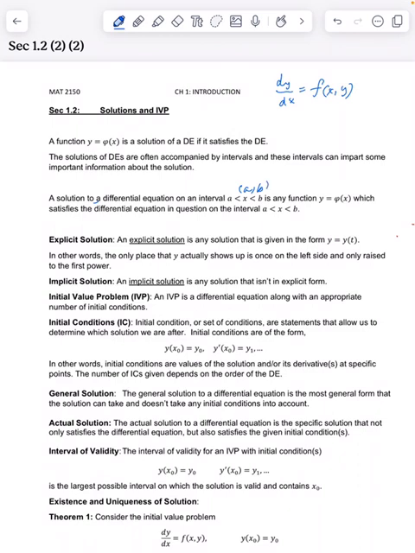Notice here the a and b are not included. It is any function y is equal to phi of x which satisfies the differential equation on that interval. Now, we can have the solution in different forms. So we can have an explicit solution, implicit solution, a general solution, or an exact solution.